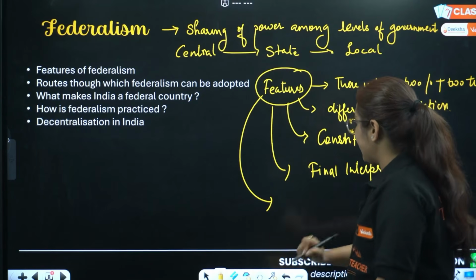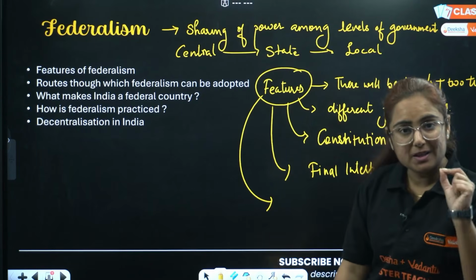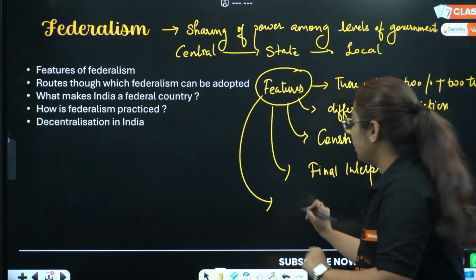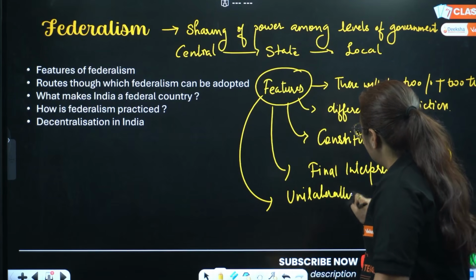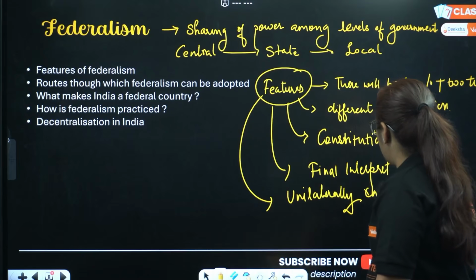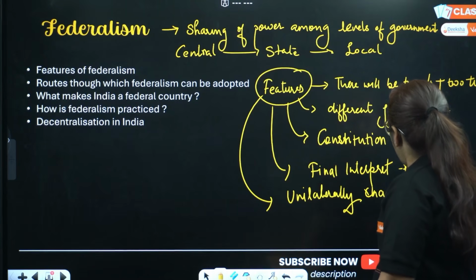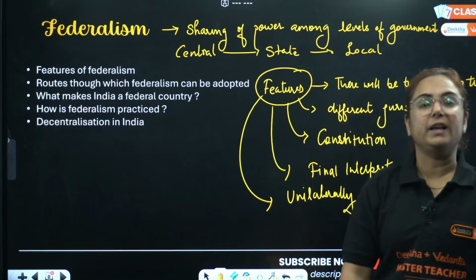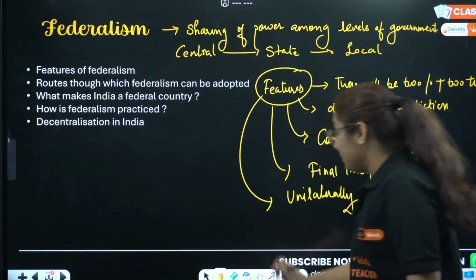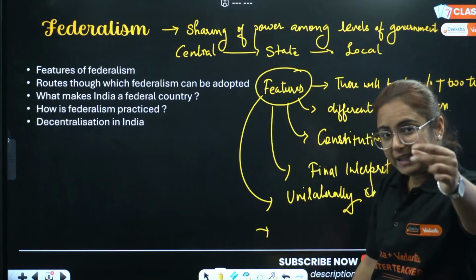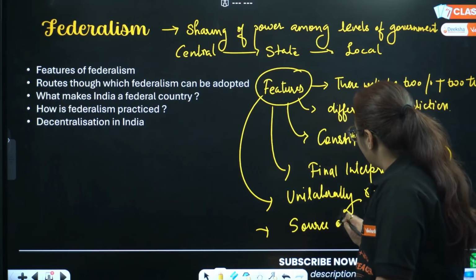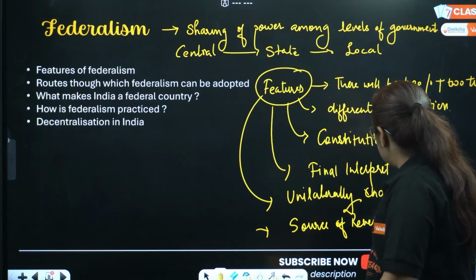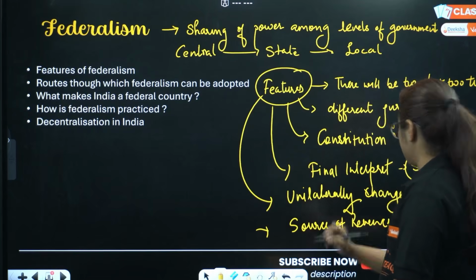The basic principle, federalism, cannot be unilaterally changed. It requires the consent of all the levels of government. For performing their work, they need money too, and there is a source of revenue for all the levels of government, which is listed in the Constitution.